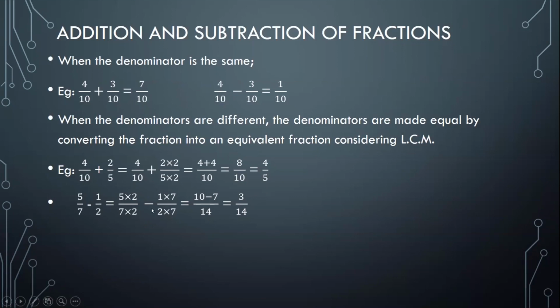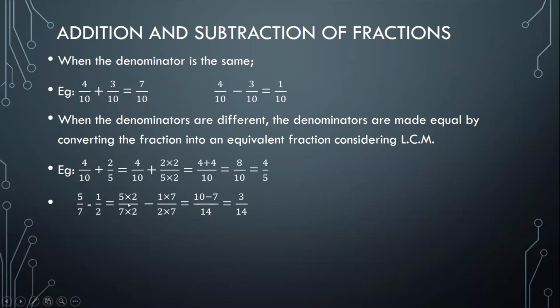Just like that for subtraction as well, if the denominators are different, you have to consider the least common multiple. Now when you take 7 and 2, the least common multiple is 14. So you have to multiply 7 by 2 to make it 14. If you do something for the denominator, you have to do it for the numerator as well.